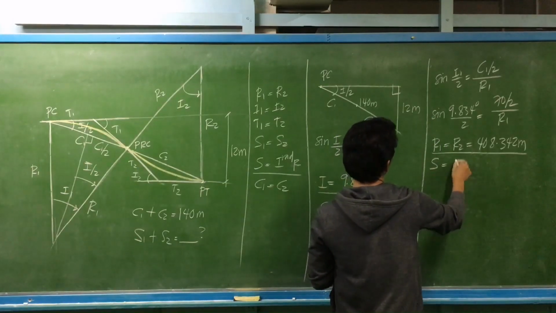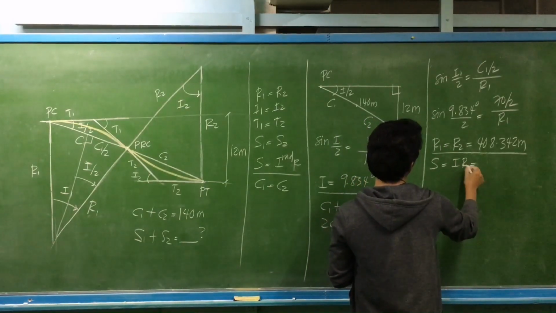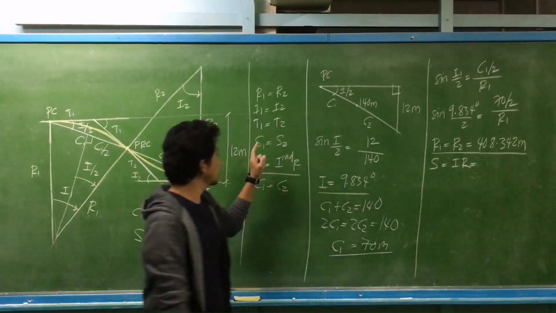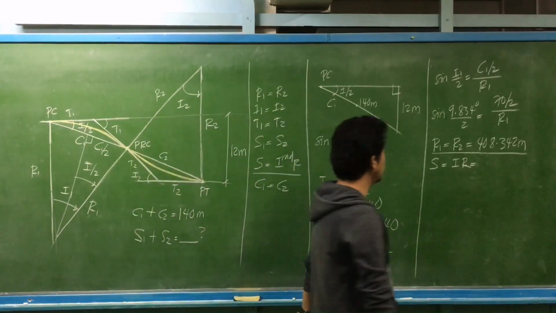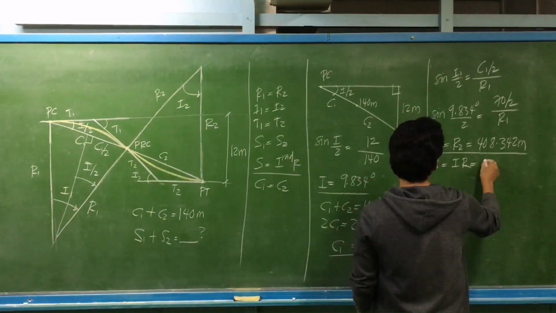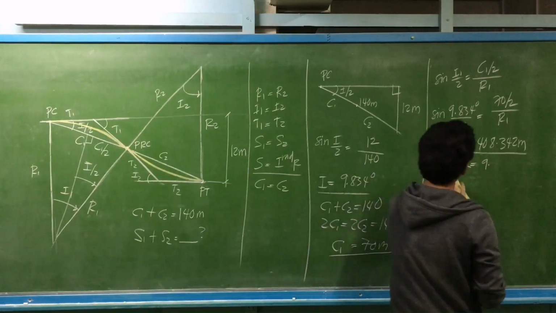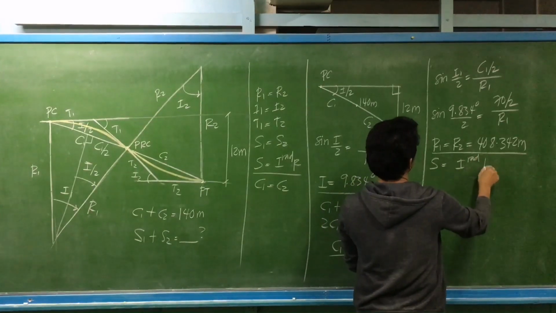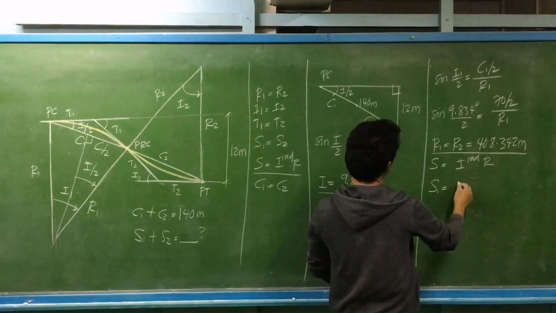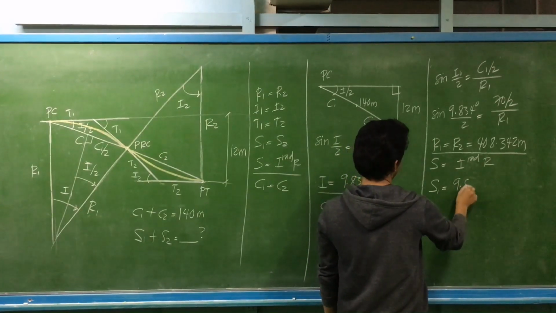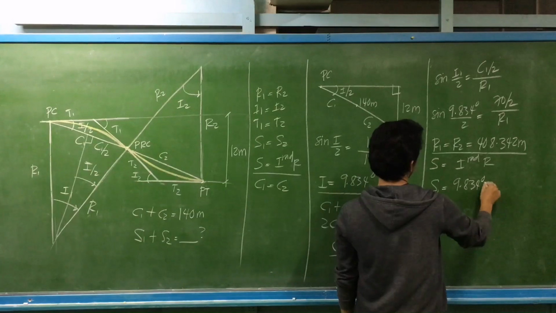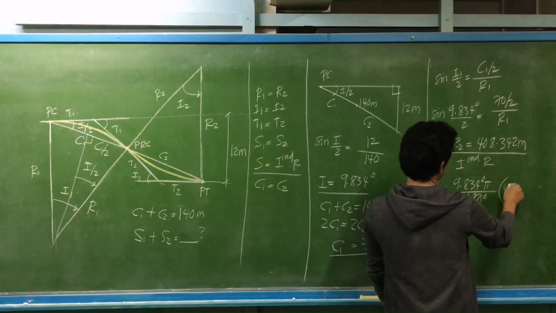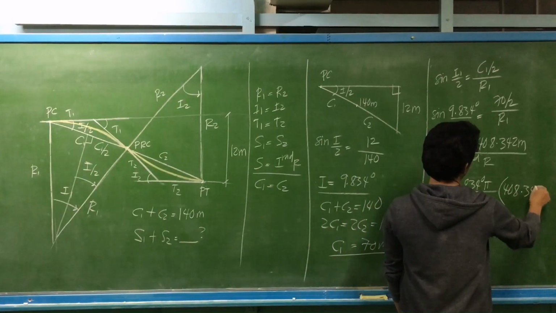Again, we can compute for the arc length, S equal to I in radians times R. Since S1 is equal to S2, we only need to compute one. The central angle is 9.834 degrees, so arc length is equal to I in radians times the radius: 9.834 degrees times pi divided by 180 degrees, times the computed radius, 408.342.